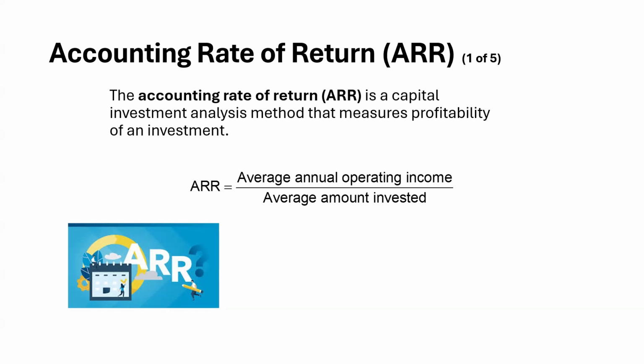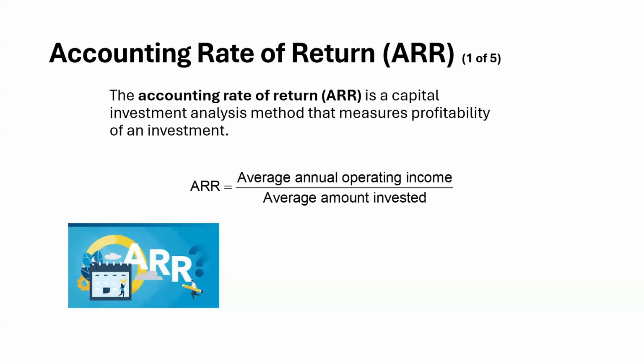The ARR is average annual operating income divided by average amount invested. Notice that the accounting rate of return focuses on operating income and not the net cash inflow that an asset generates.